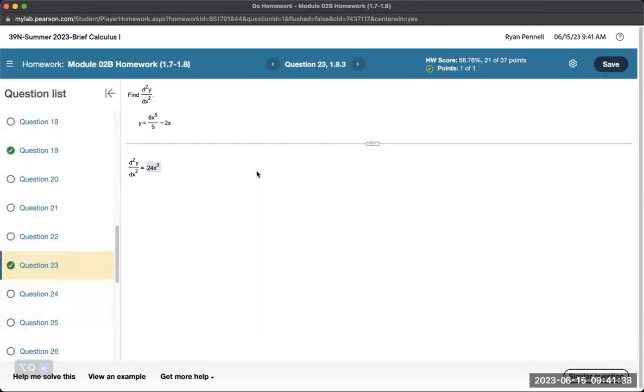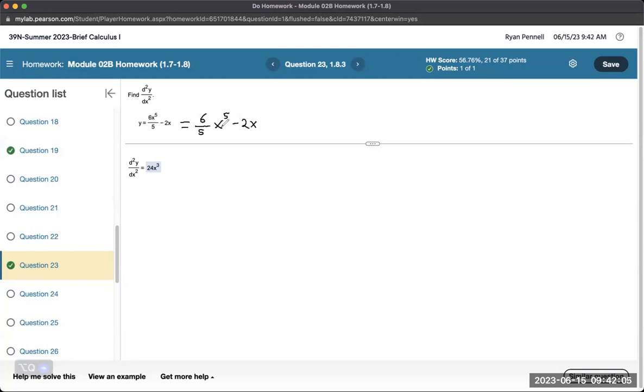All right, let's see what 23 brings us. Here, we're asked to find the second derivative. How on earth do you find the second derivative? Well, you find the first derivative, and then you take the derivative of that derivative. So let's do it. First we need to find dy/dx. Before I do that, I'm going to clean this up for a little bit of success.